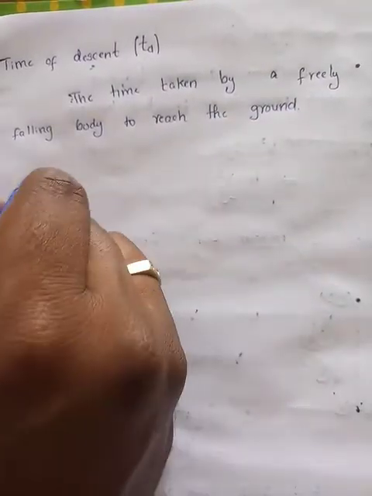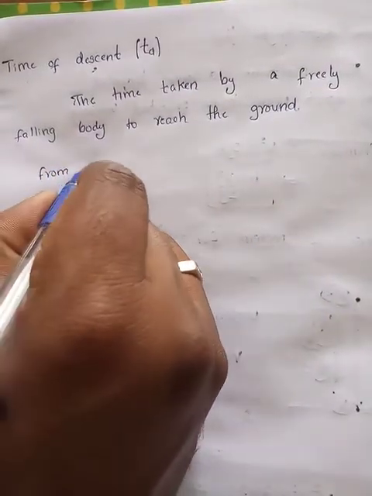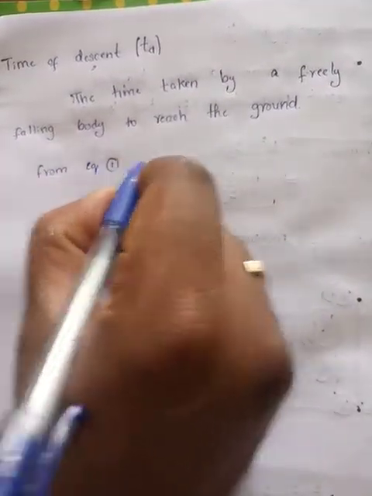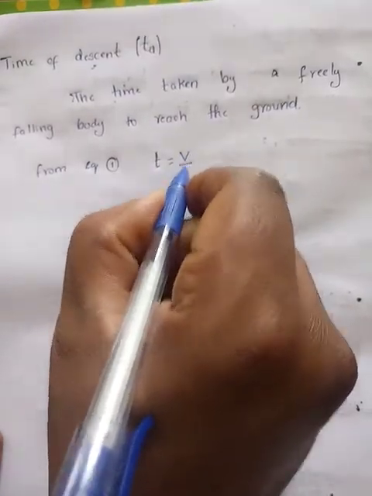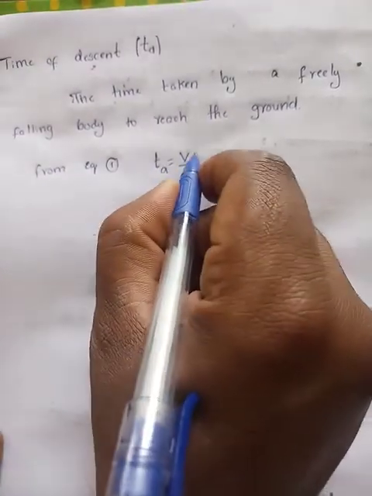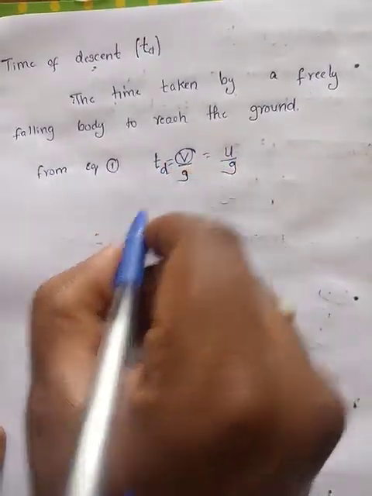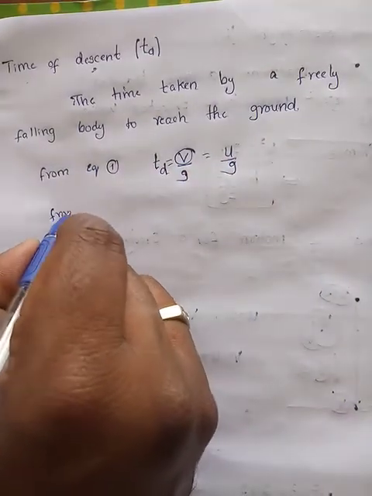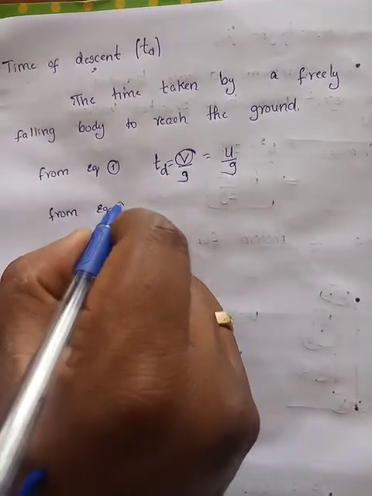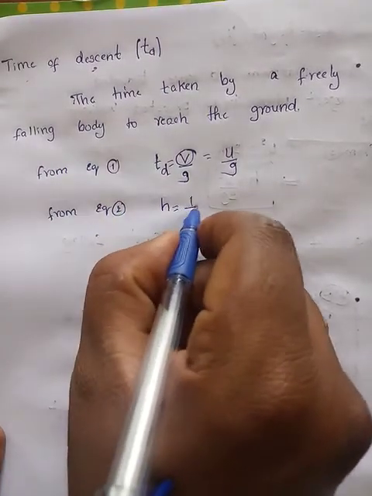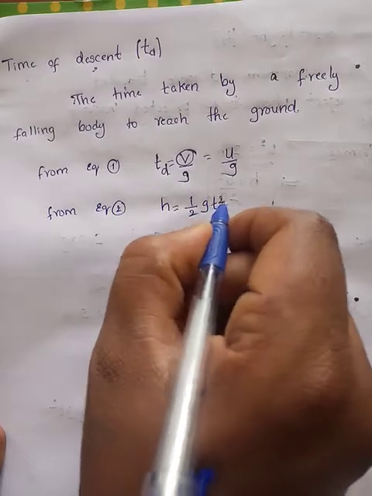From equation 1, t equals v by g, or if the velocity with which it strikes the ground is u, then t equals u by g. Or from equation 2, we got h equals half gt square.